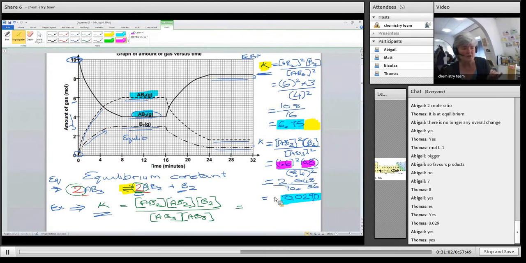So we know that because our K value has changed, our final calculation, it means that we've got a change in temperature. So the next question is, have the reactants been favored or have the products been favored?